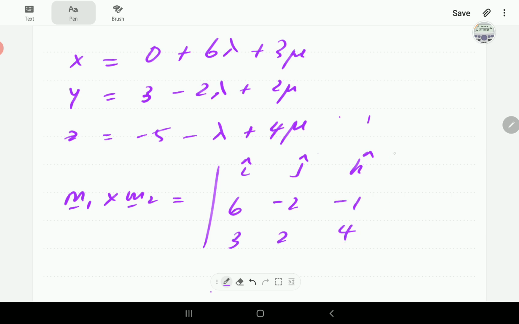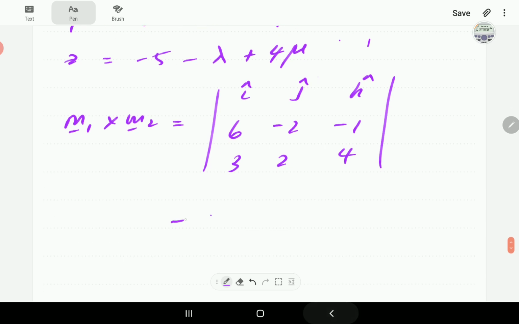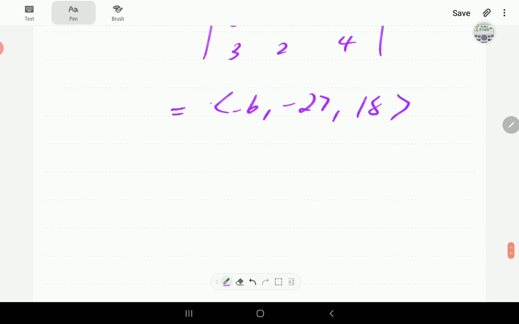Working out the cross product of (6, -2, -1) and (3, 2, 4), we get (-6, -27, 18).